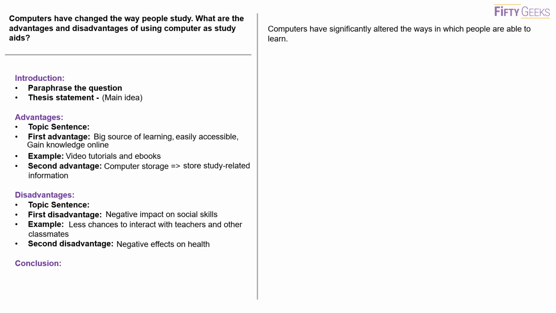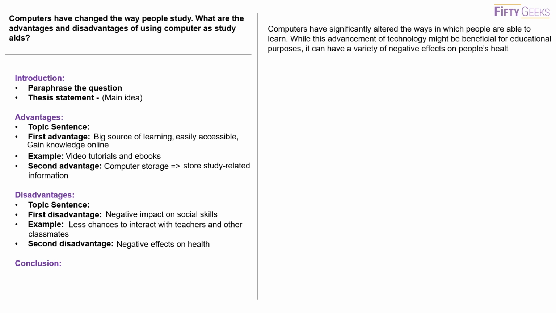I will write, while this advancement of technology might be beneficial for educational purposes, it can have a variety of negative effects on people's health and their soft skills development.